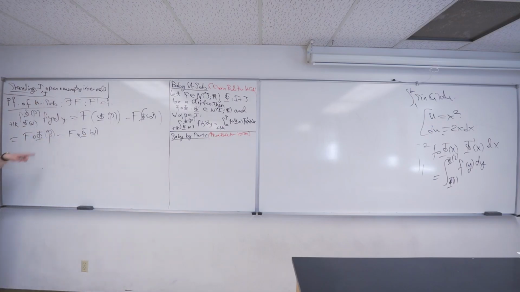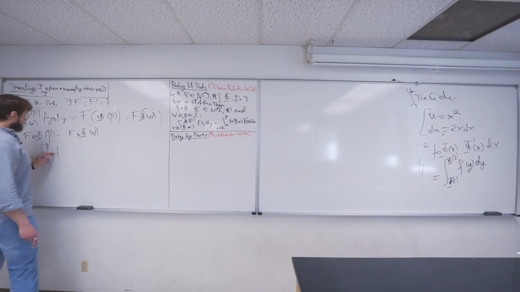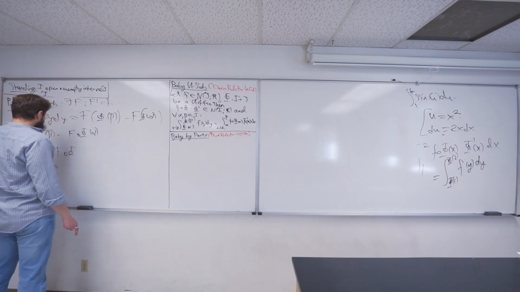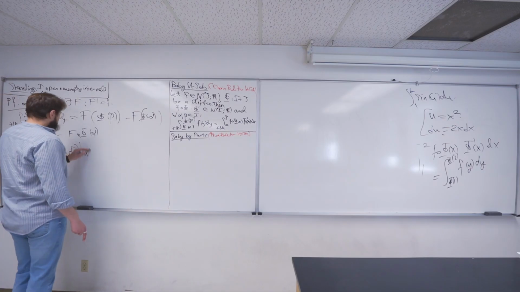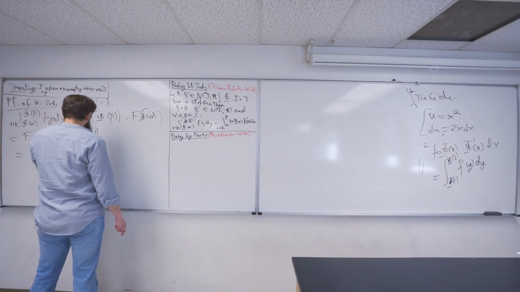But then, since capital F is differentiable, and so is phi, well, this composition is differentiable. And it is an antiderivative of its derivative. Meaning, this is the HK integral from alpha to beta of the derivative of capital F composed with phi, of x dx.